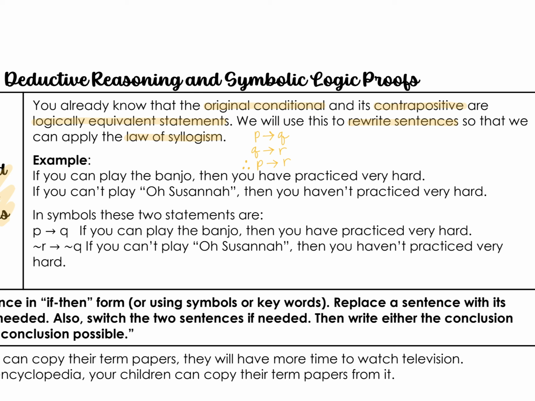We're not ending with something and then starting the next sentence with that same thing. But we do have one part in each sentence that is talking about the same thing. If we look here, we have practicing very hard, and then we have you haven't practiced very hard.